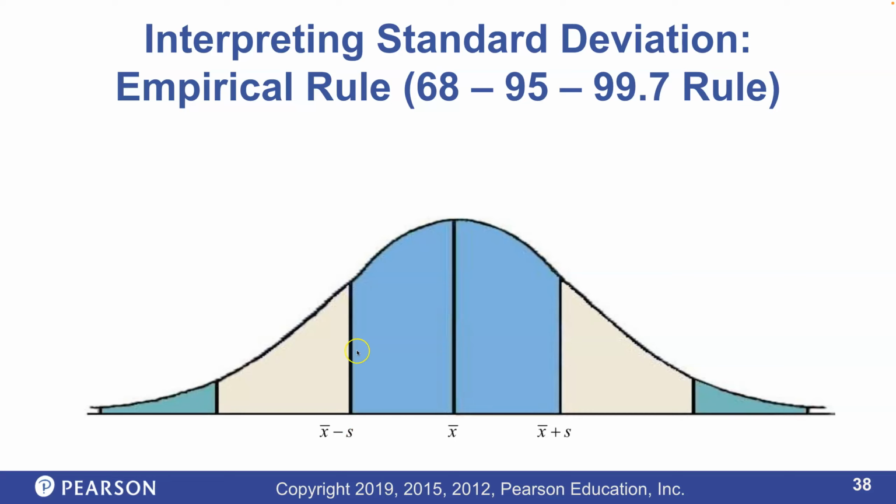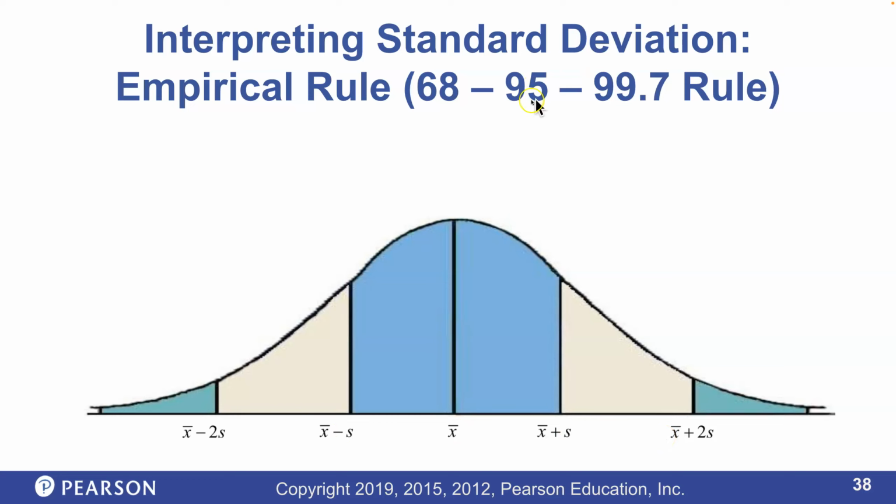There are 68% of the data, or 68% of the area, in this blue region, okay? But if you go out 1, 2 to the right, and 1, 2 to the left from the mean, you will be 2 standard deviations above or below the average.